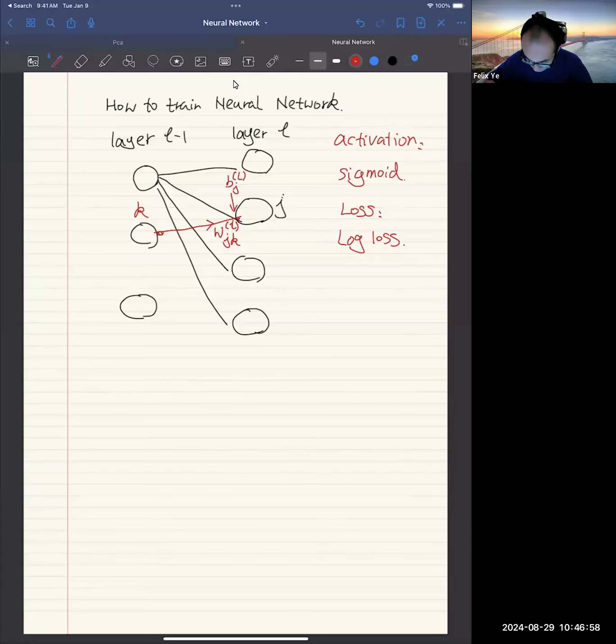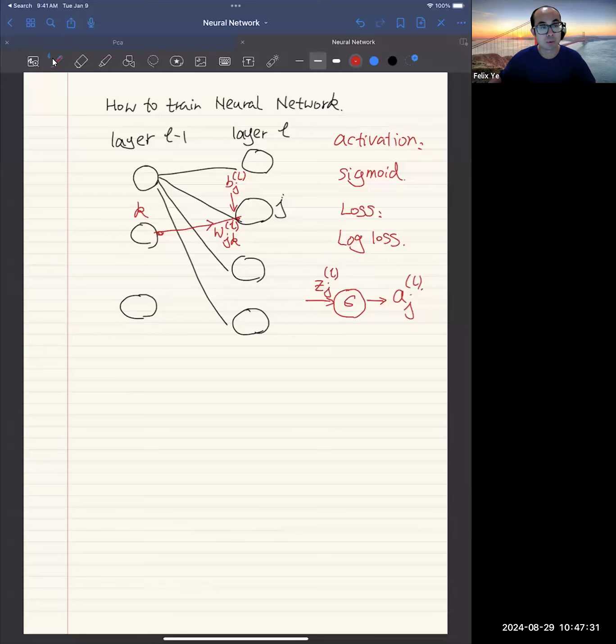After we have this linear layer, we have an input called ZJ of L, to which I'm going to apply a sigmoid function, and then it will output AJ of L. This activation function process goes element-wise.